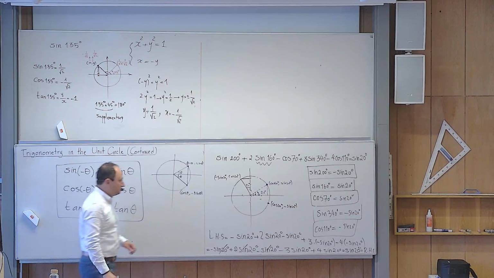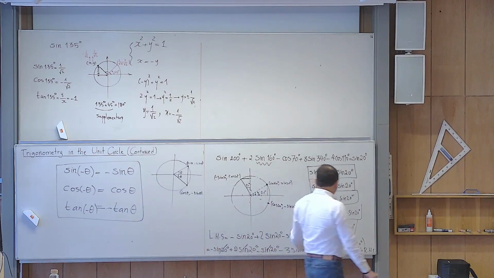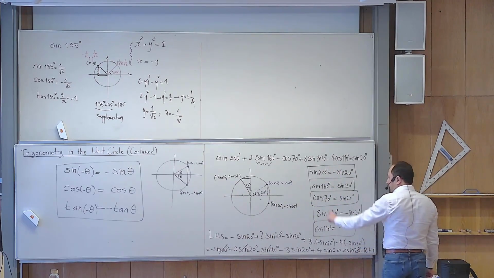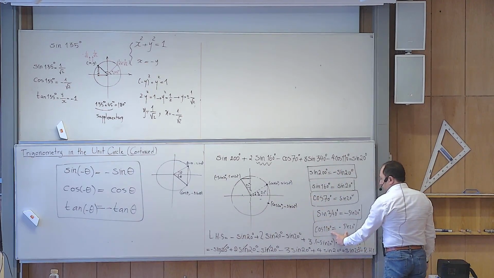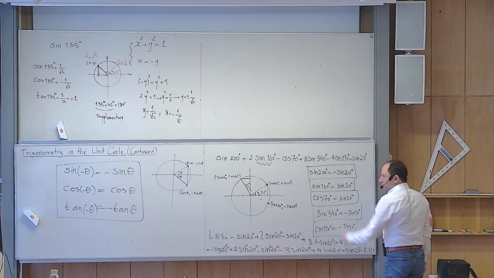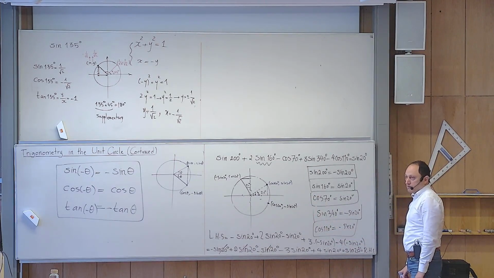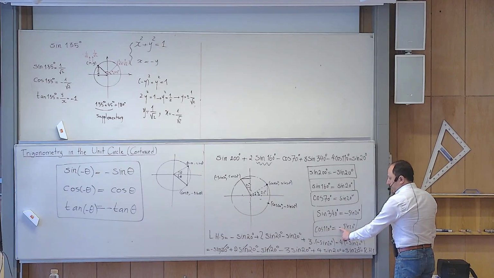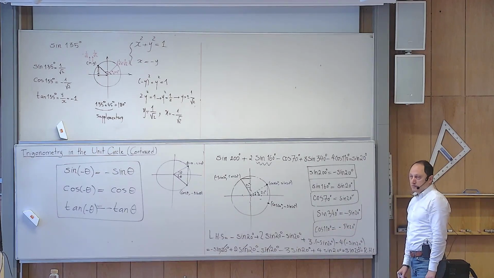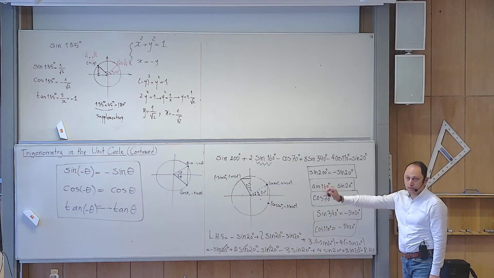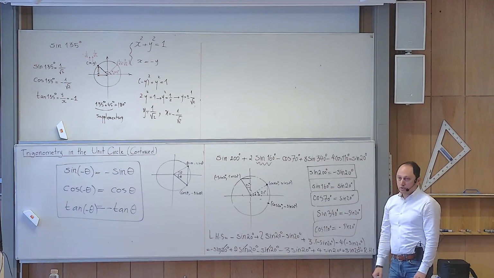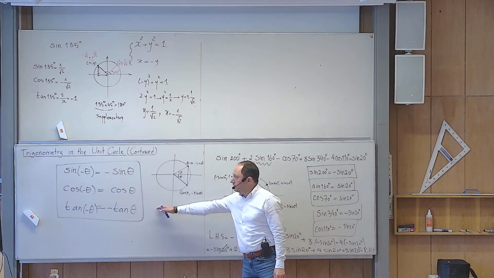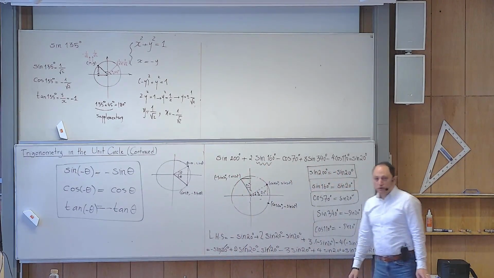For example, can you use this idea and some ideas you learned before to convince me about this without the unit circle? Why should cosine of 110 degrees be negative sine of 20 degrees, using these formulas that you see here and what you had before?